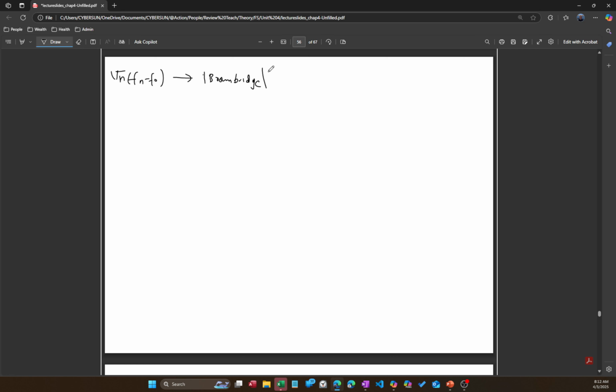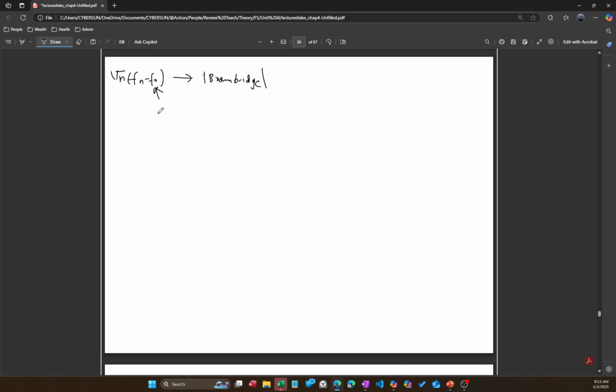Now, when we are building a test, we need some critical values. To create a test, we need critical values that can be referenced universally. These values must be independent of the specific distribution F naught being tested.